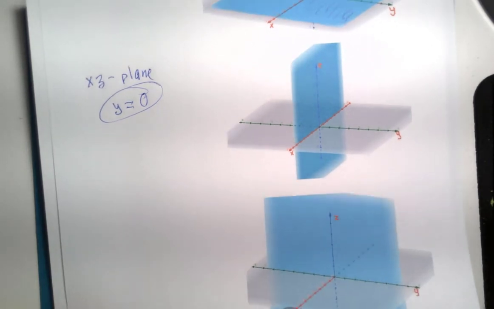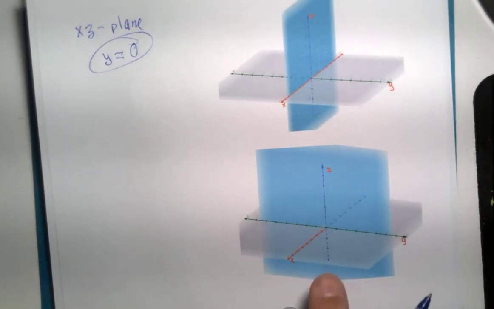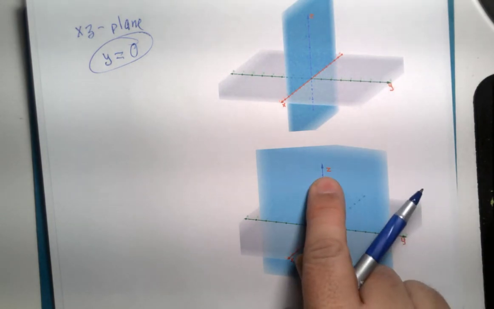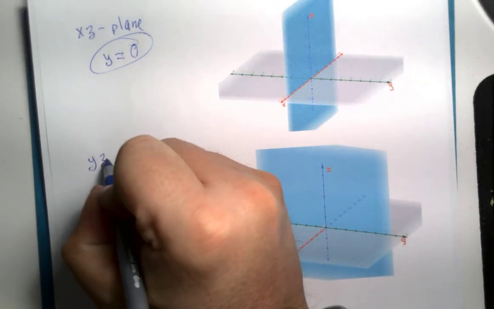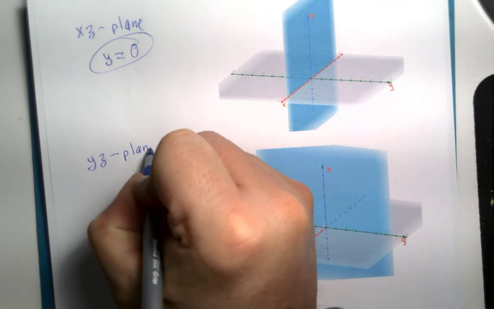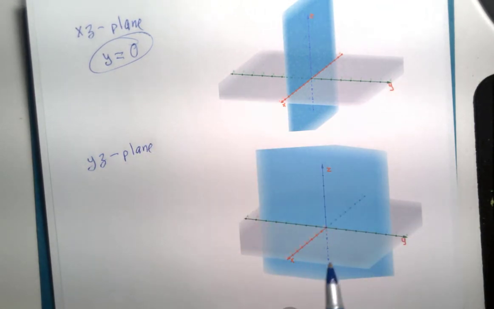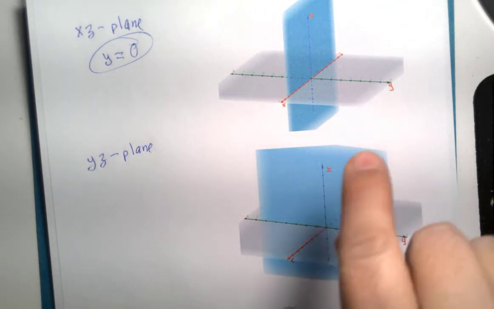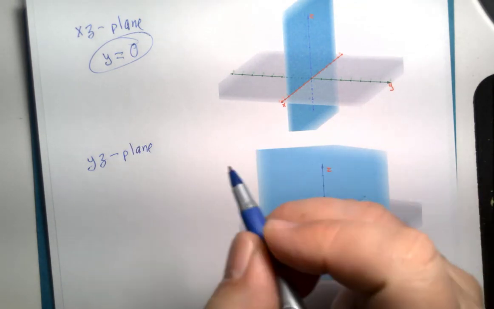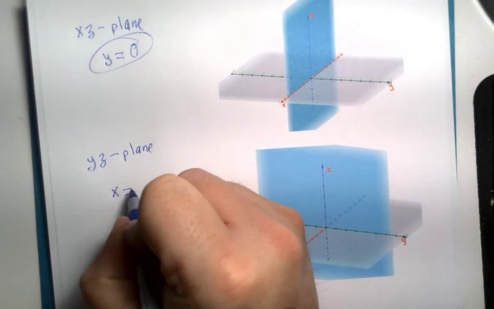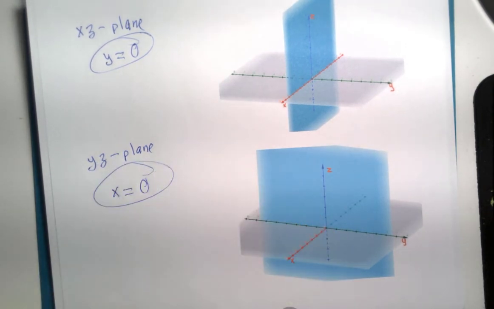And finally, the yz plane separates the positive x's out here and the negative x's, which are back there. So the yz plane is where all the x values are equal to 0.